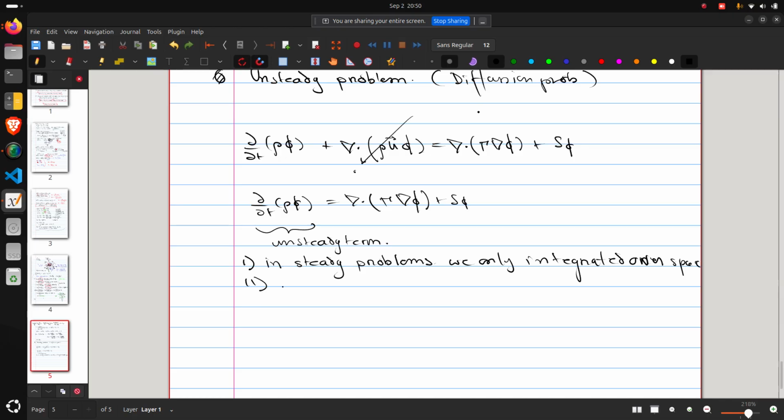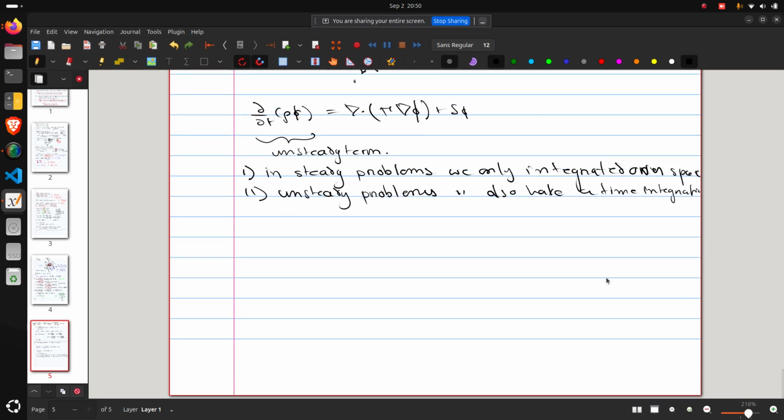Now for the unsteady problem, we also have a time integration to do. Okay, so we also have a time integration to do here, right?